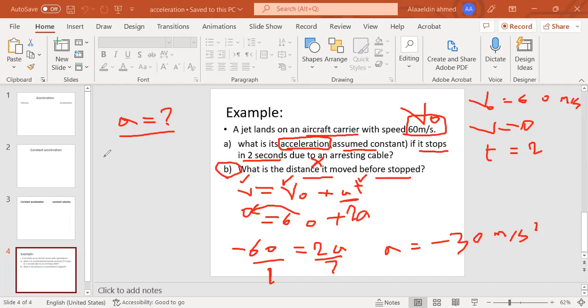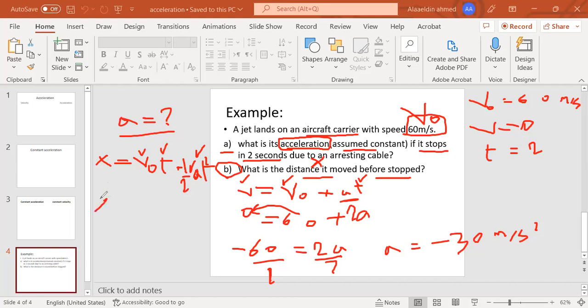Okay, the law is x equals v naught multiplied by t plus 1/2 a t squared. T is known, a is now known. We found it in the first part. V naught is known, time is known, so we have only x, so we can calculate it.